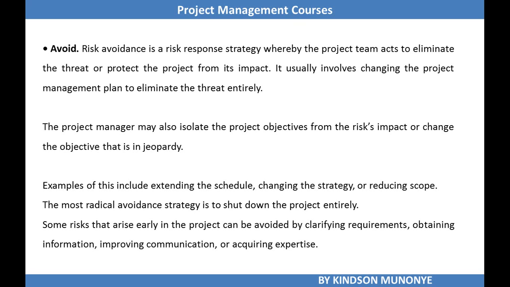The project manager may also isolate the project objective from the risk impact or change the objective that is in jeopardy. Examples of this may be extending the schedule, changing the strategy, or reducing the scope. The most radical approach will be to shut down or abort the project altogether.